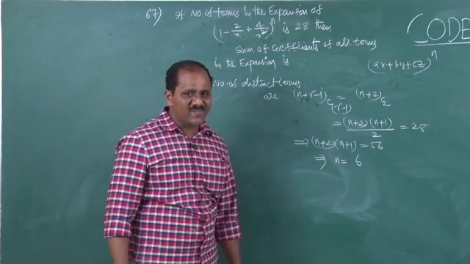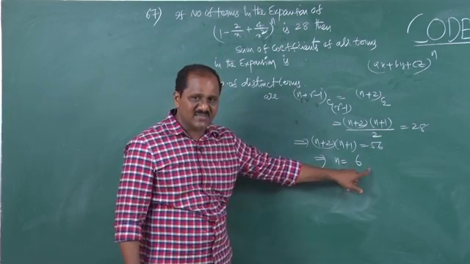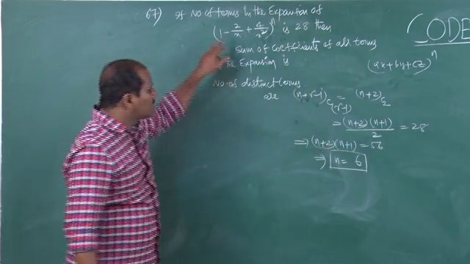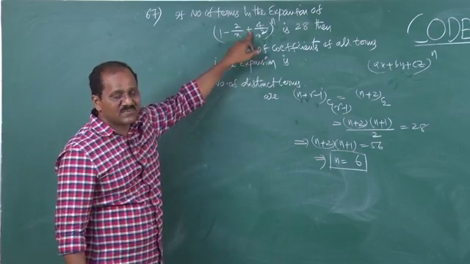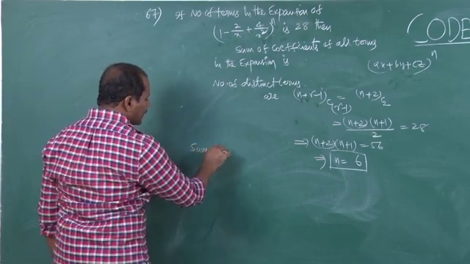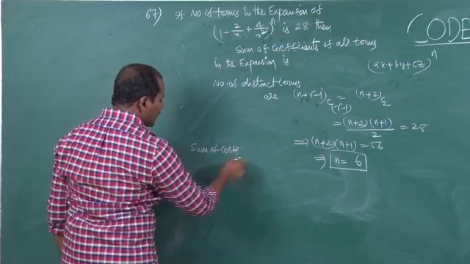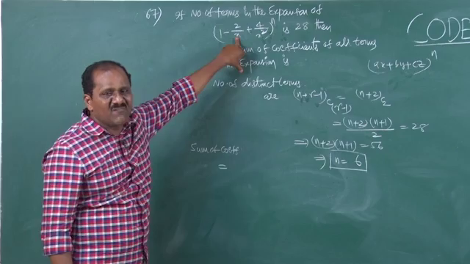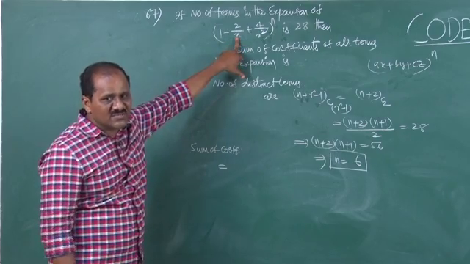Since we will not consider the negative value, n equal to 6 is the correct answer. By taking n equal to 6, now the question is the sum of the coefficients of all terms. To find the sum of coefficients in any expansion of this type, to find the sum of all binomial coefficients, simply put x equal to 1.